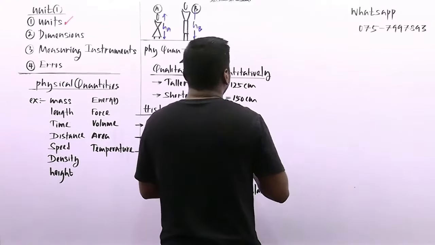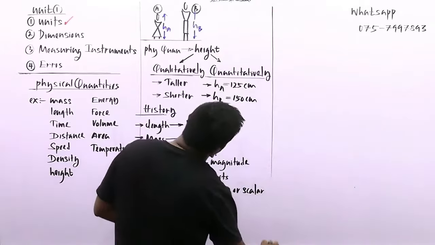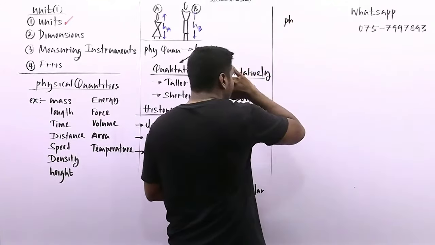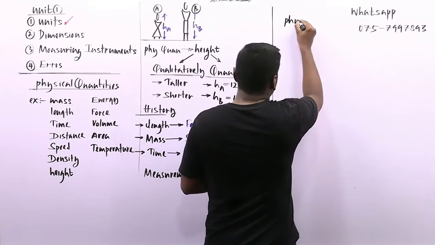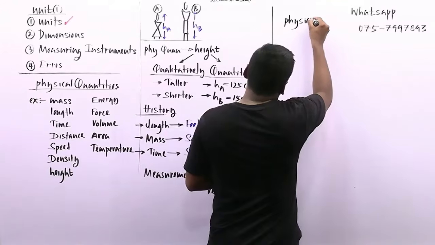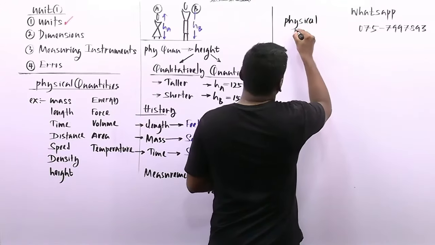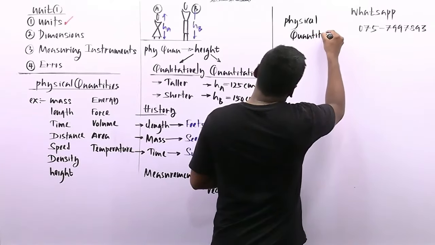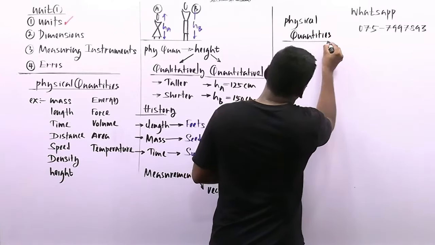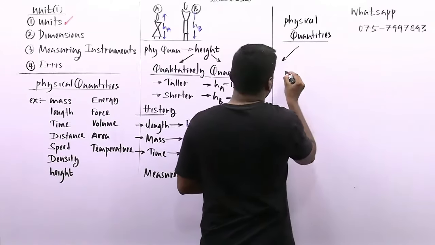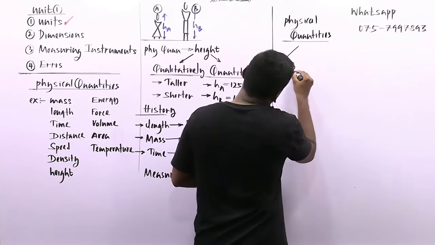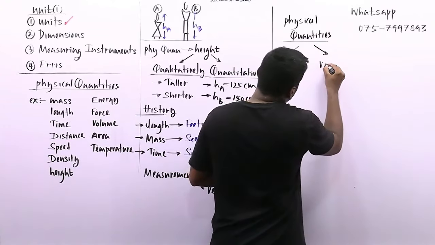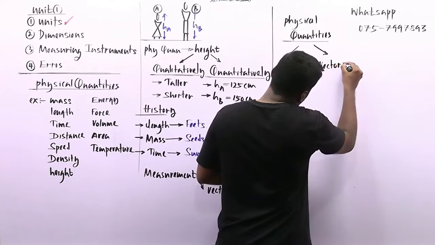Next idea. Physical quantities, based on their nature, we can divide into two categories. One is scalars. The second category is vectors.